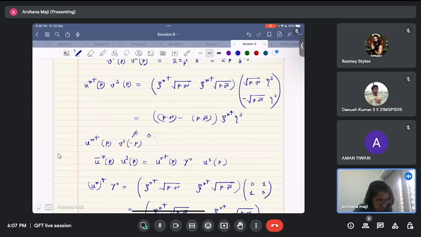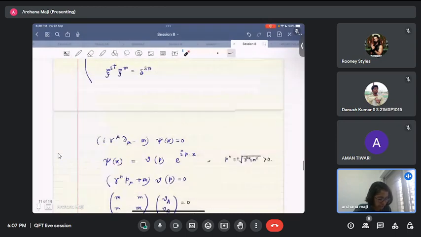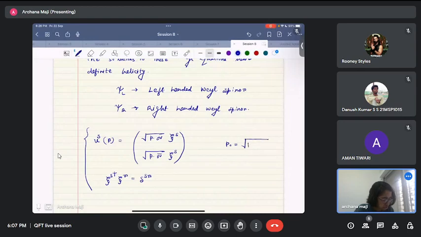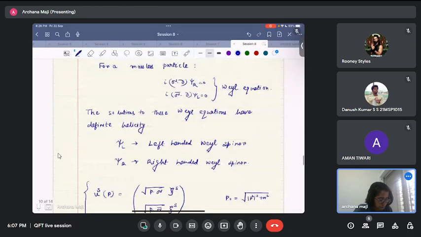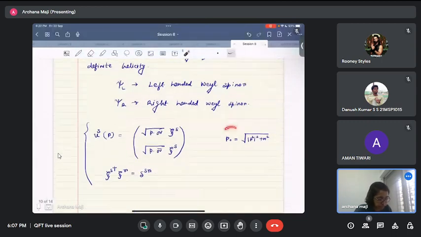So these are all vectors, because remember, in this solution p0 is always fixed. p0 is fixed to be the square root of p squared plus m squared, because each of the components of the Dirac spinor satisfies the Klein-Gordon equation, and this is what you get, the dispersion relation for a Klein-Gordon field as well.